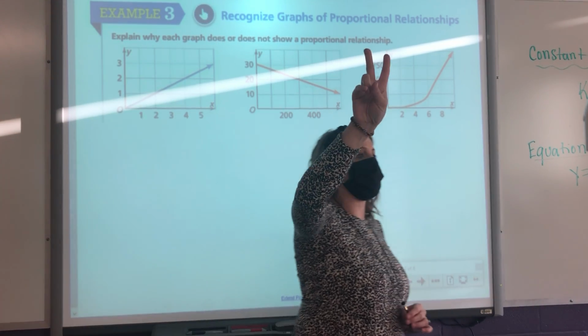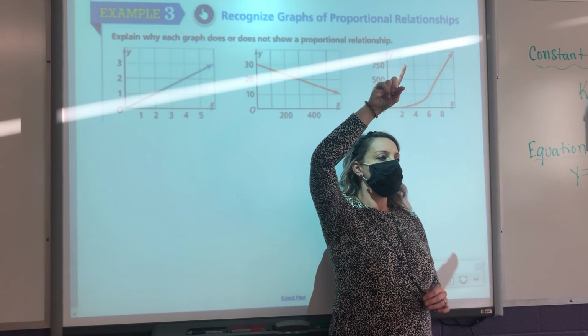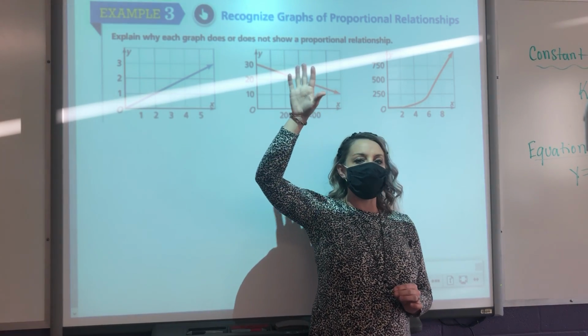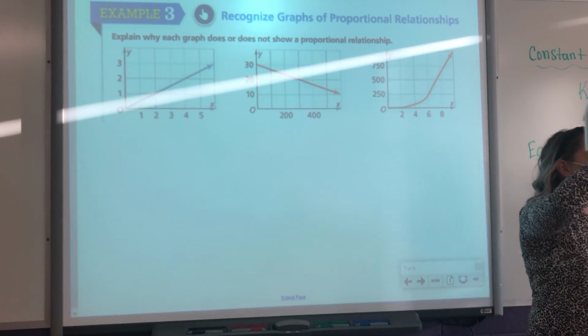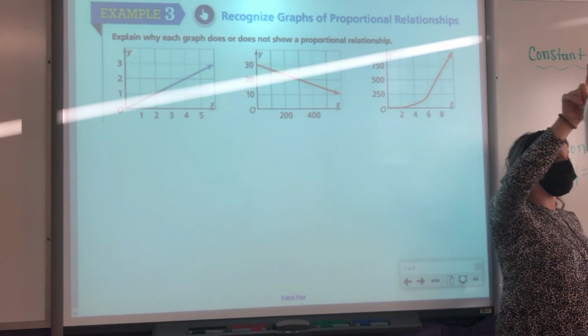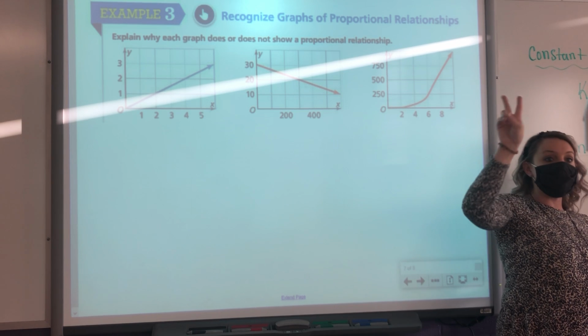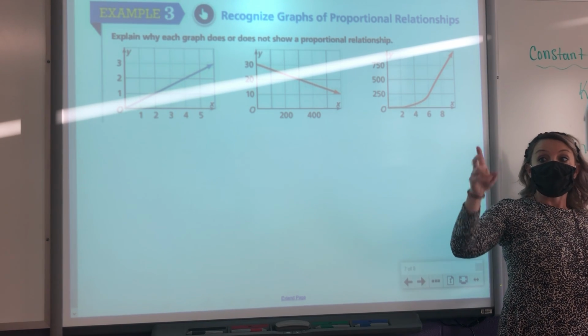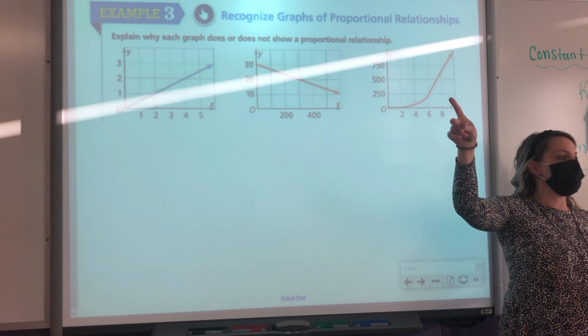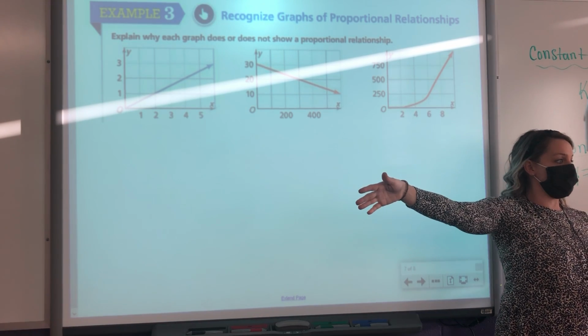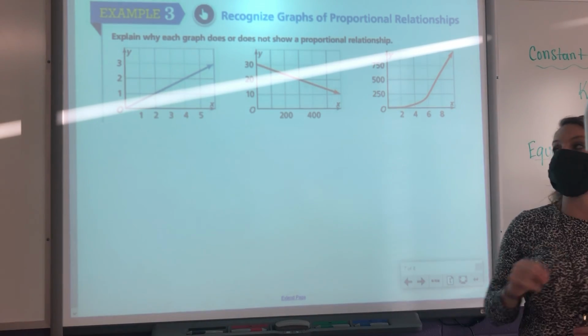What are the two things that have to be met? Zach, give me one. Has to be a straight line. Someone give me another one. Casey? Has to go through the origin. So those are the two things we're looking for. If it meets one, is it proportional? No. It has to meet both. Okay, so in your mind, that needs to be your mental checklist. Yep, straight line, check. Goes through the origin, check.